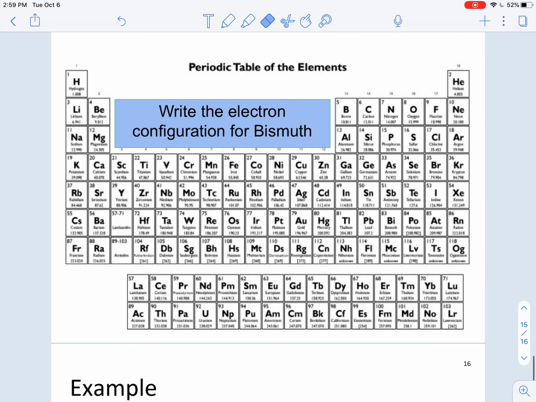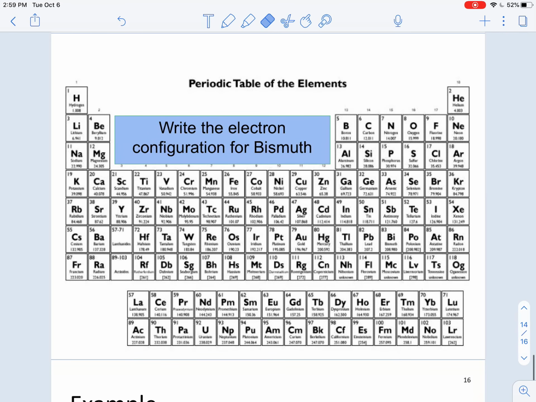All right, next one, our configuration for bismuth. Bismuth, this guy right here. All right, so that looks pretty low down on the table. Looks like it's even past this weird switch in elements right here. So let's go ahead and label everything. So period numbers 3, 4, 5, 6, 7.